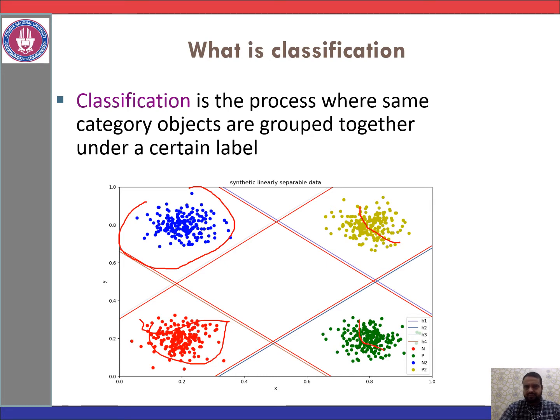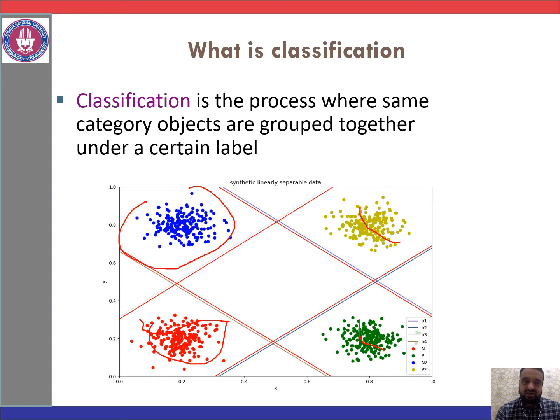So what we do, we first assign labels or categories to each and every class, and then group the samples under their respective category. So we combine the objects based on the category, whereas in clustering we were combining the objects in an unsupervised way based on their pattern similarities.